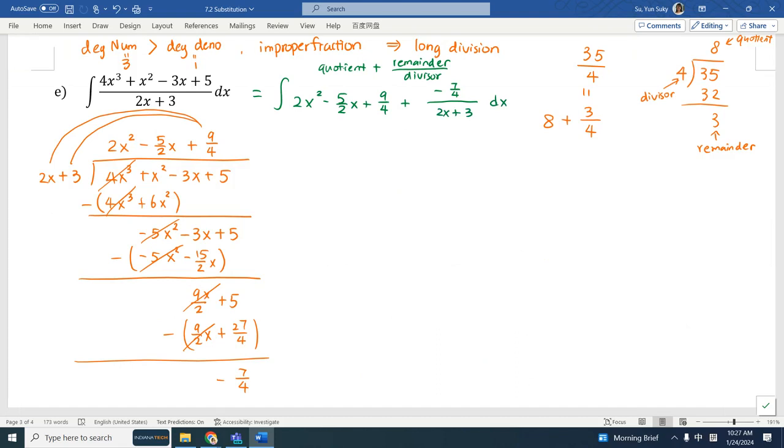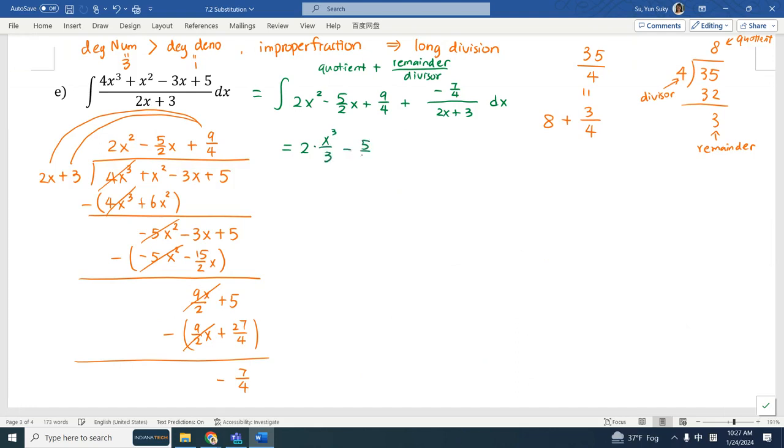Let's see. This is polynomial. Can you integrate polynomial? Polynomial, power rule. Can you integrate x squared? Yeah, let's do that. What's the integral of x squared? x cubed over 3.